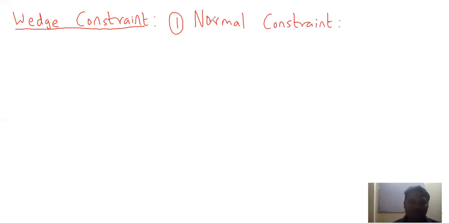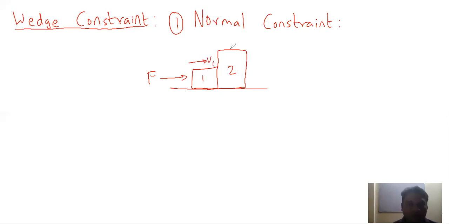Now, if we have two blocks, let us say this is block number 1 and this is block number 2. They both are kept on a horizontal surface. Now, suppose I apply a force F here, and block number 1 moves with a velocity v1. Then for normal constraint, block 2, let us say, moves with velocity v2.